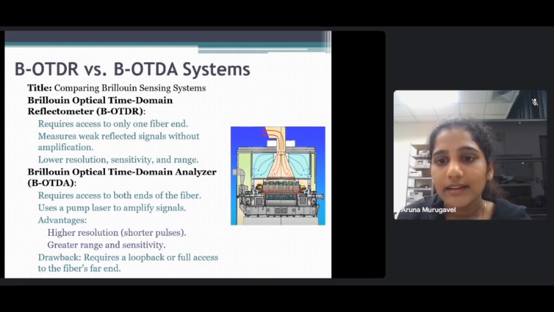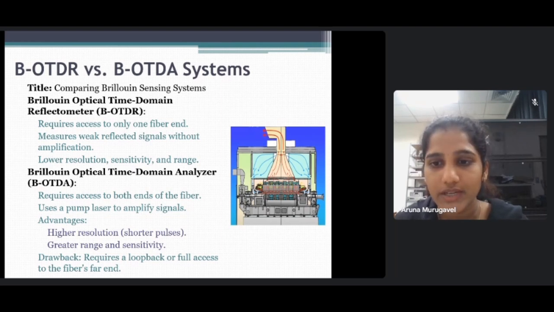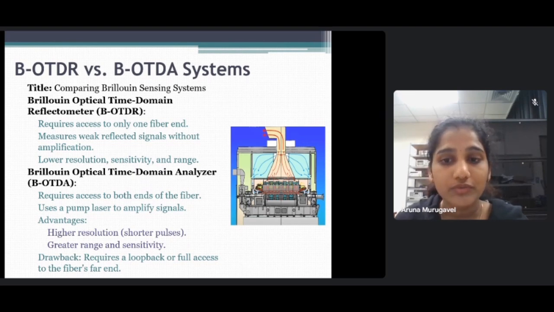BOTDR is a single-ended access which is simpler but has lower sensitivity and resolution. In contrast, BOTDA uses dual-ended access, offering higher sensitivity, resolution and extended range, making it more suitable for critical applications.